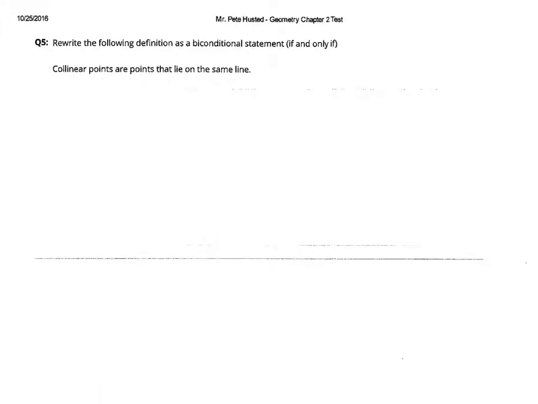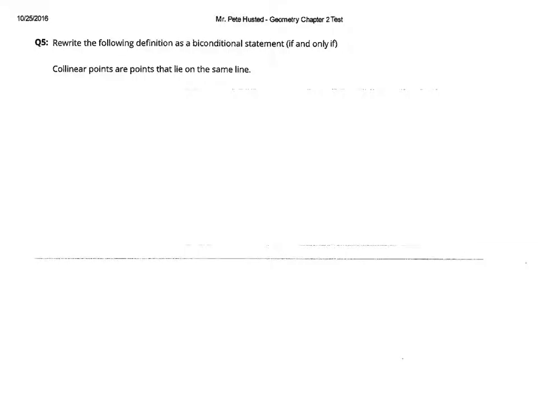In number 5, we'd like you to rewrite this statement. Collinear points are points that lie on the same line, using the if and only if biconditional piece. Okay?